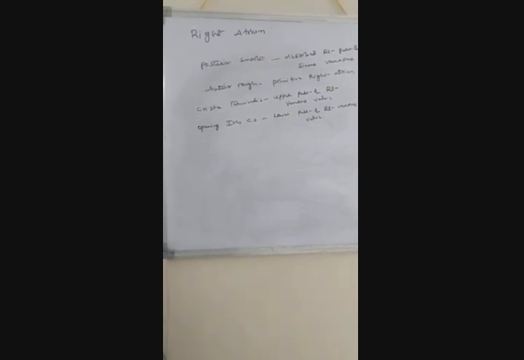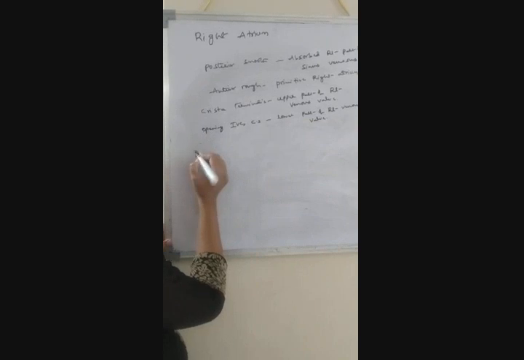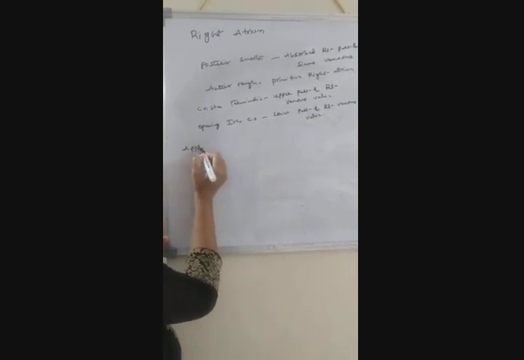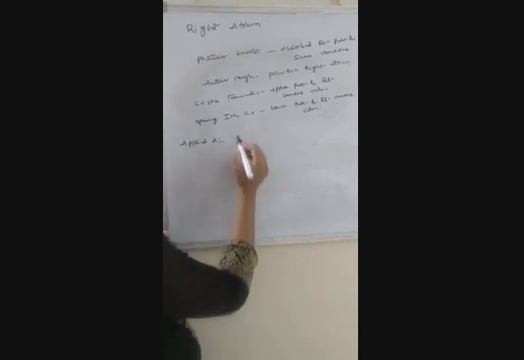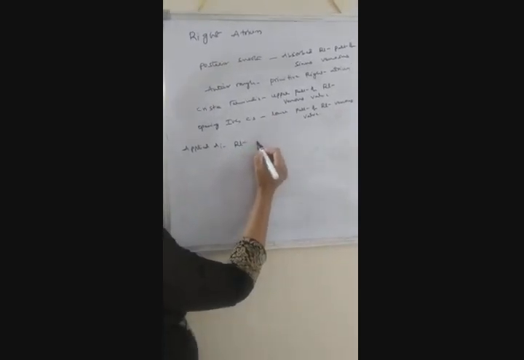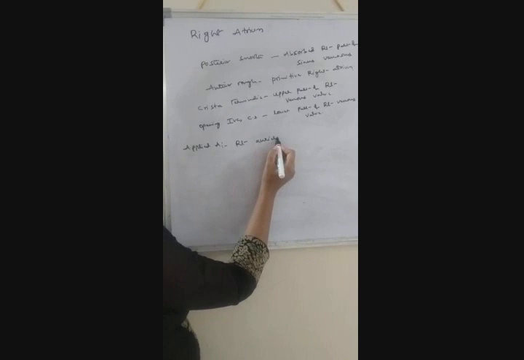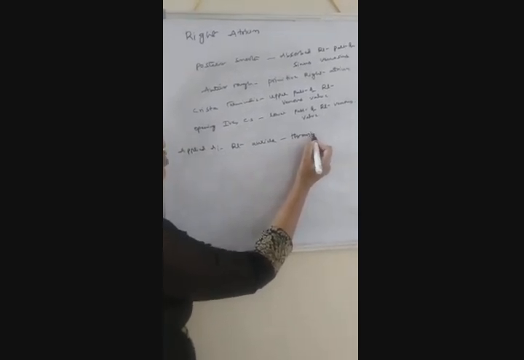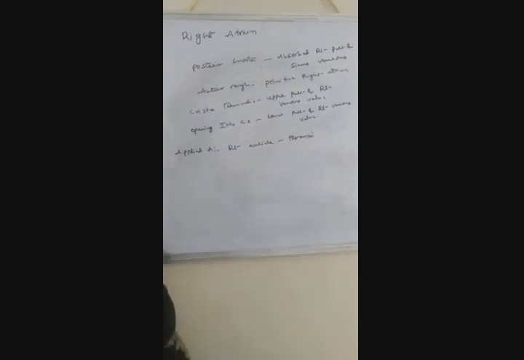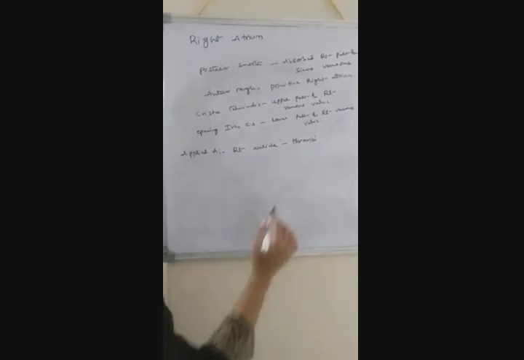And next, coming to the applied aspects. Okay, the applied aspects. The right auricle is the most common site for the formation of thrombi.